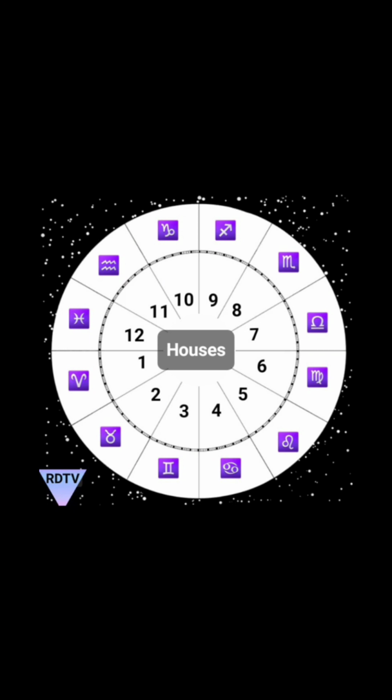Okay, always counterclockwise. But I wanted to explain this to you so that you would understand that astrology seems difficult, but really it's only alchemizing the energies of the zodiac signs.